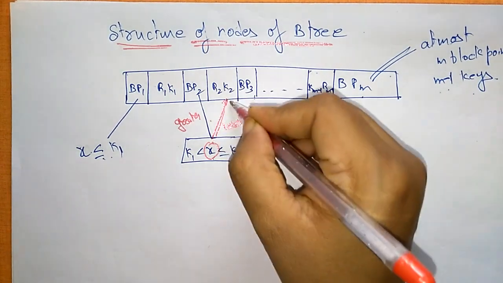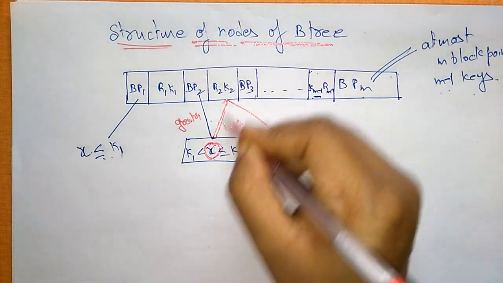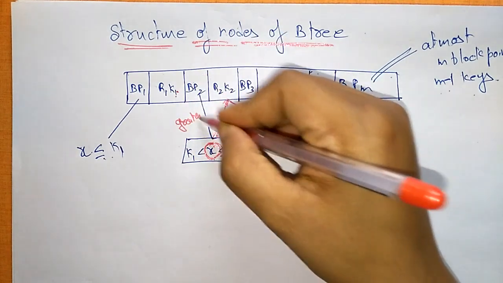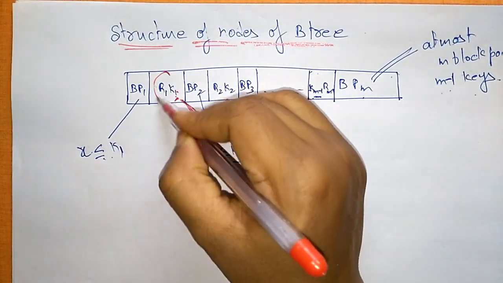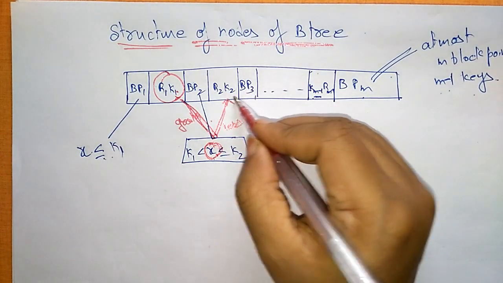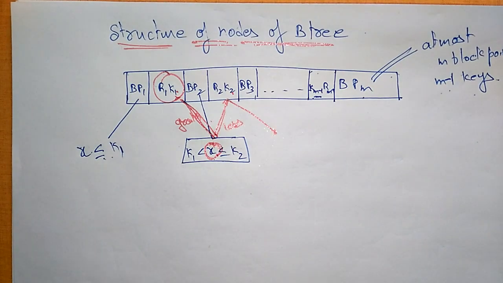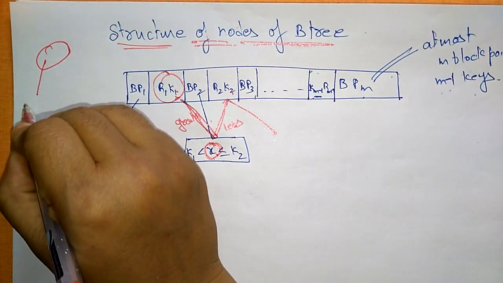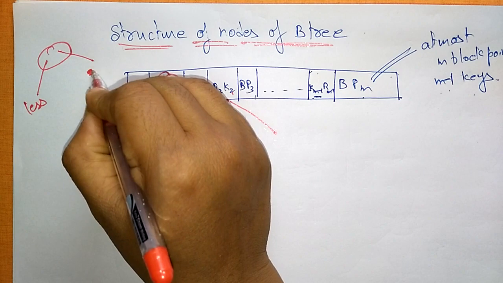If you take this side, when compared to k1, it should be greater, and when compared to k2, this x should be less. So I had explained in the previous example: whatever root node you take, the left-hand side should always be less and the right-hand side should always be greater than the root node.